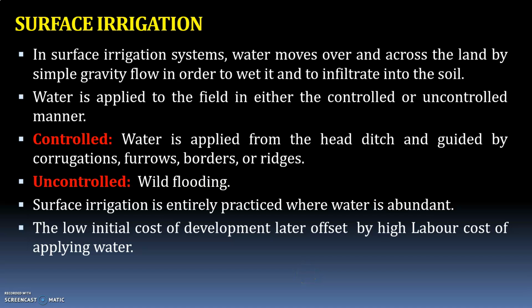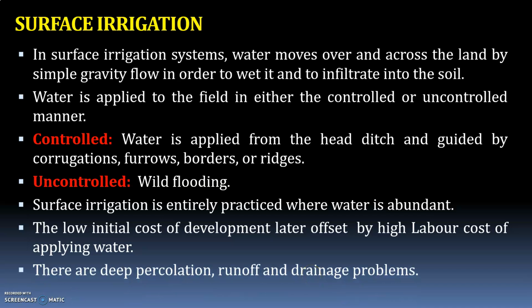Here the low initial cost of development is later offset by the high labor cost of applying the water. And there are some problems in the system: deep percolation, runoff and drainage problems can arise by using this method.